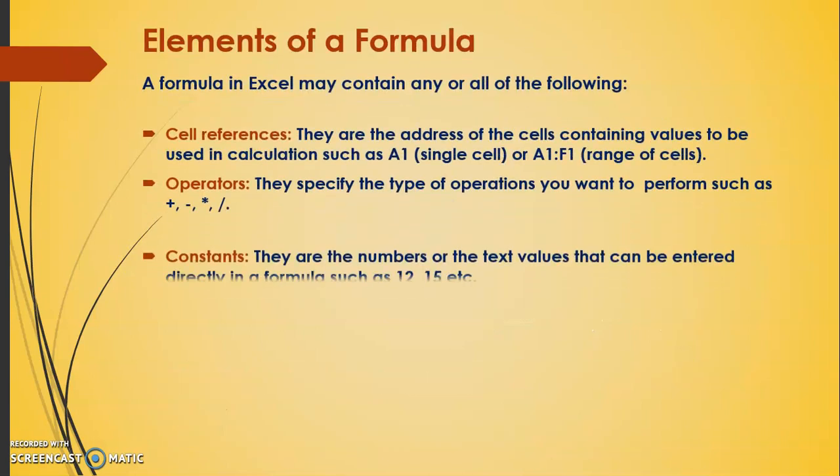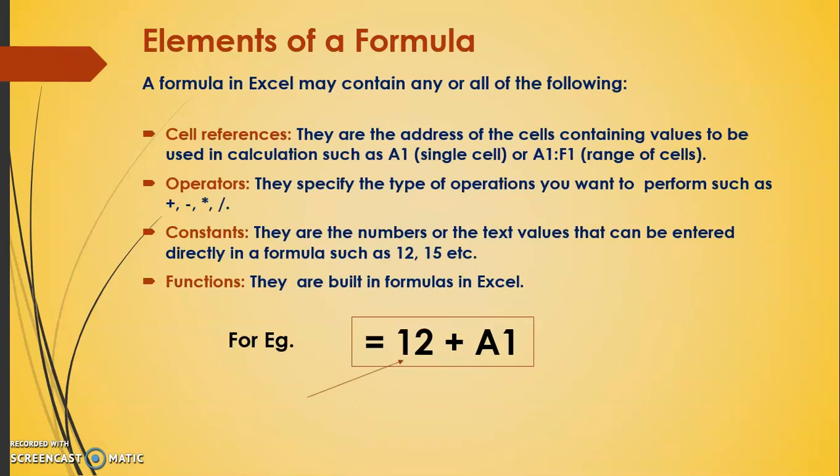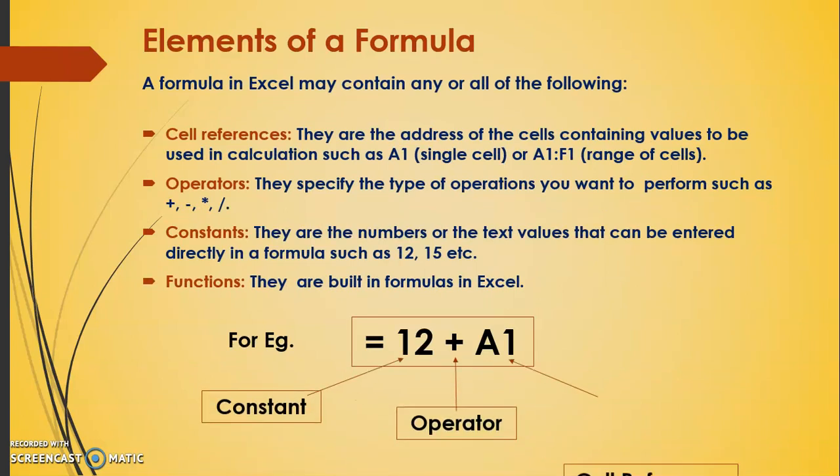Now there are different elements of a formula. We will study each one of them one by one. See, an Excel formula can contain any one of these. Cell reference. Cell reference is what? Like you know, in Excel we give cell references as A1, A2, A3, A4. What are operators?